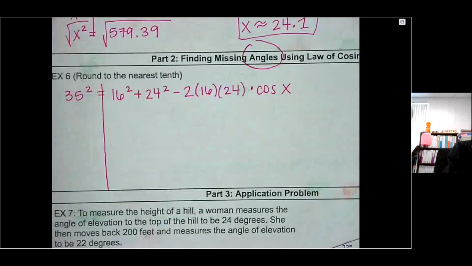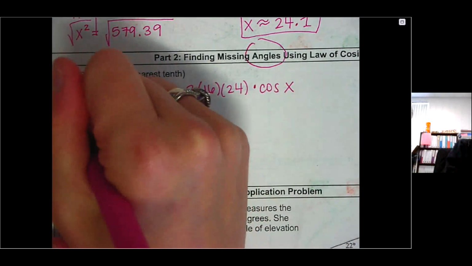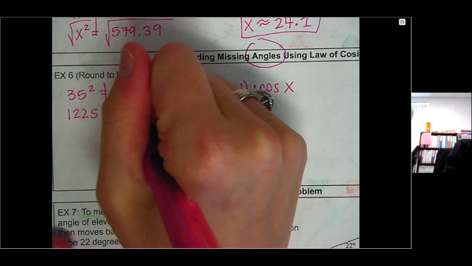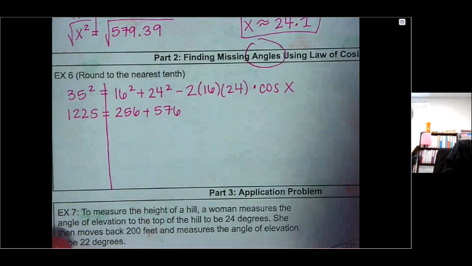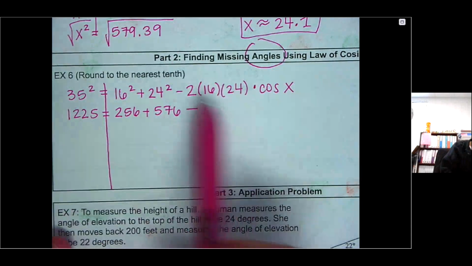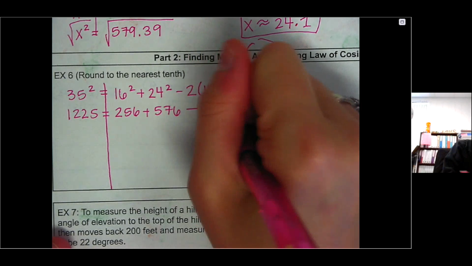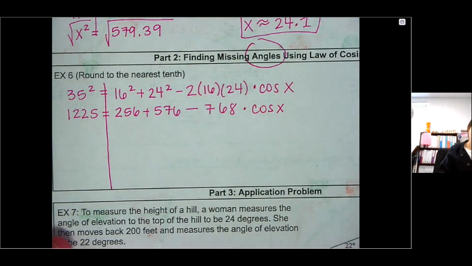Now again, this is an algebra problem, so I'm going to start with order of operations. I'm going to start by squaring the numbers. So 16 squared is 256, plus 24 squared is 576, minus 2 times 16 times 24 is 768, times the cosine of x.